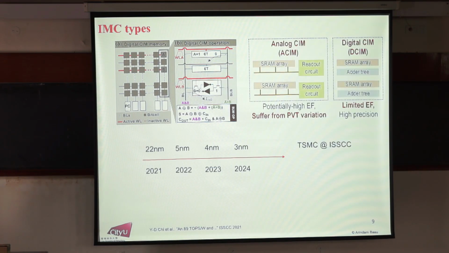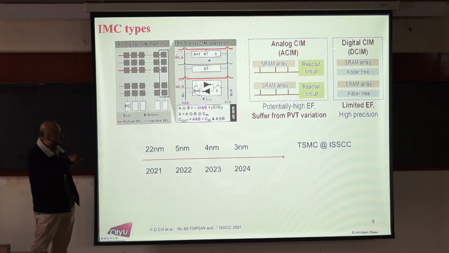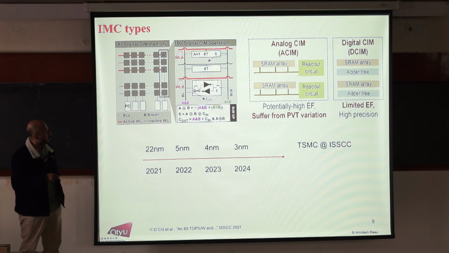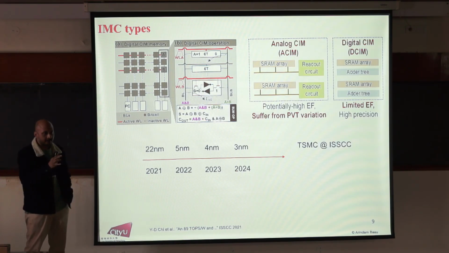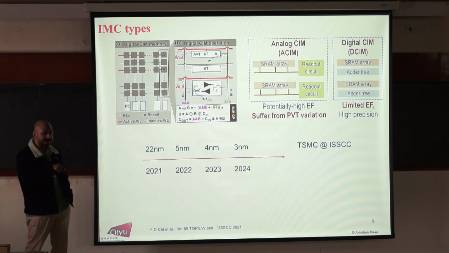So why are people even looking at digital computing? This is a comparison between analog and digital compute in memory. Analog CIM typically has higher energy efficiency, right? Because I'm doing everything in parallel. Here I'm doing only two at a time. But the problem generally that people talk about is that if you go to very large scale chips, you have process variation, voltage variation, temperature variation, which we summarize as PVT.